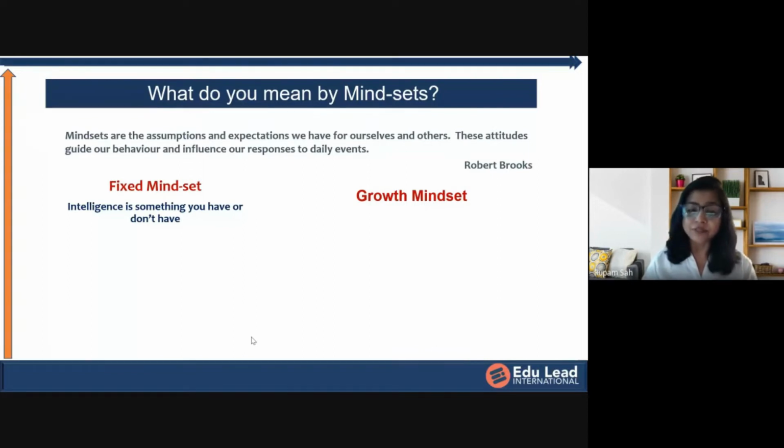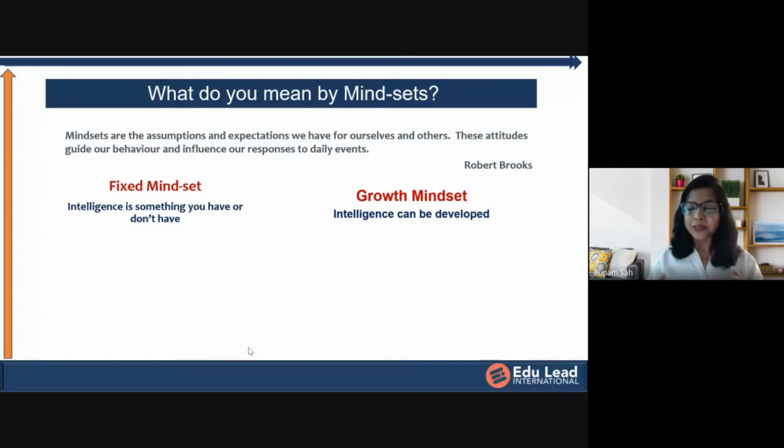And the growth mindset is that intelligence can be developed at any point in time, wherever you are, in whichever situation. If you feel that your skills, attitude, behavior can be changed, you can work it out, then it is a growth mindset, right?